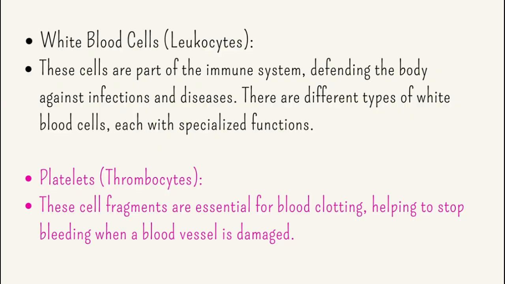So the last one we're going to look at is platelets. The main thing about platelets is that they function for blood clotting. So they clot blood, helping to stop bleeding when a blood vessel is damaged. So as I said before, if you get a cut or anything like that, this is what helps the blood to clot up together to stop bleeding.